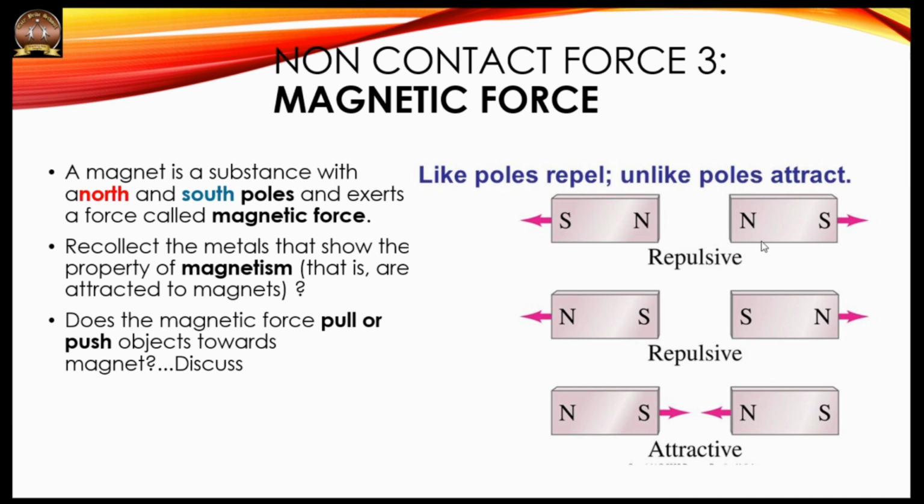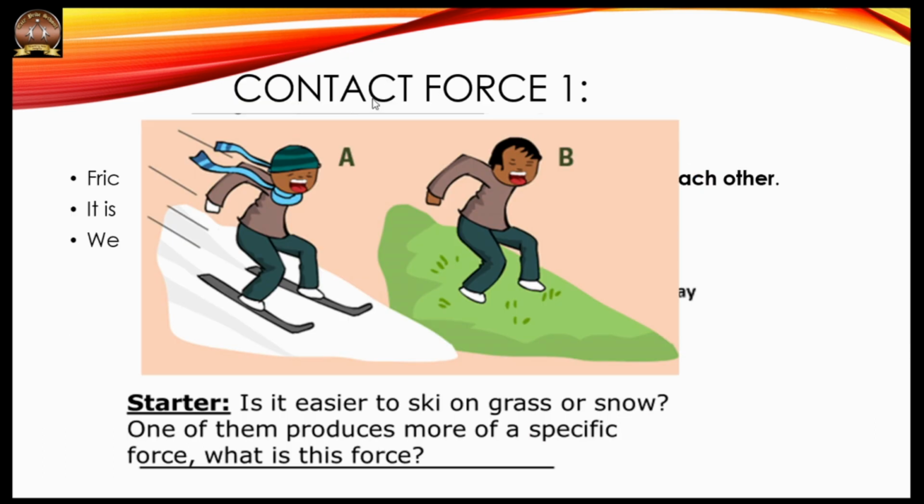This is because when magnets are placed in such a way that like poles or the same poles face each other, they repel or move away from each other. And when magnets are placed in such a way that their unlike poles or opposite poles are facing each other, they attract each other.